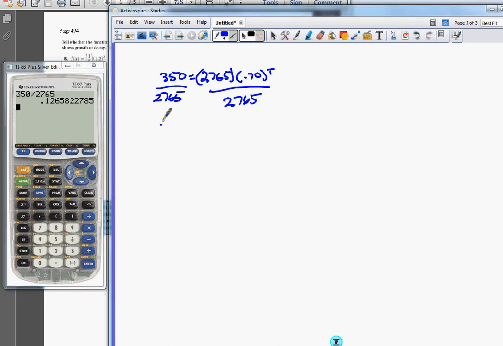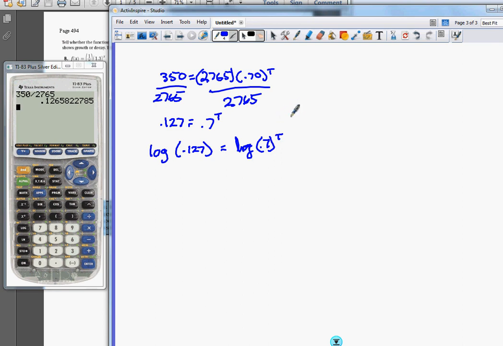So approximately 0.127 is equal to 0.7 to the t power. When the variable is in the exponent position, this would be a proper time to take the log of both sides. So I'm going to go log 0.127 equals log 0.7 to the t power.